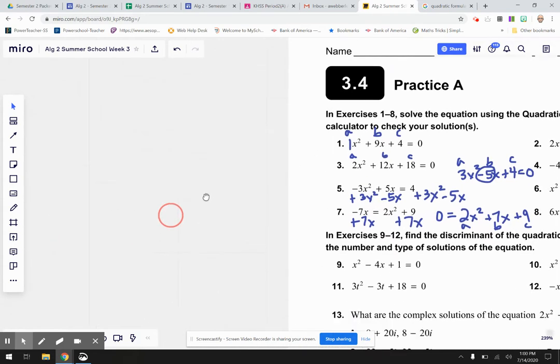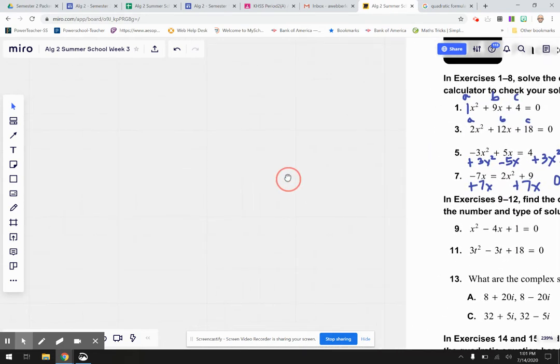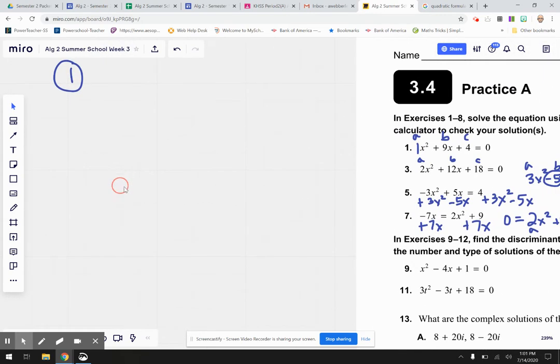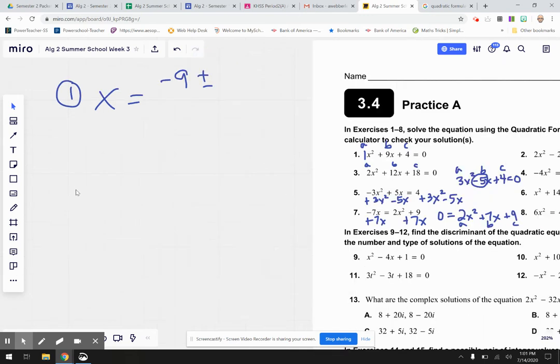I'm going to work out here. So I'll leave it right like that so you can see the work in this area. Number 1 right there. So we've got x equals the opposite of b. So it's going to be negative 9 plus or minus the square root.